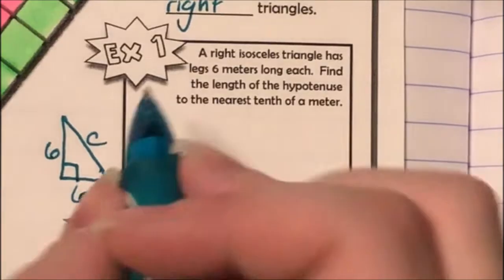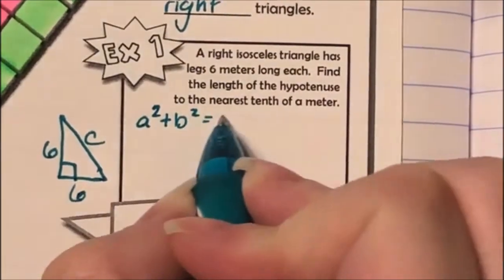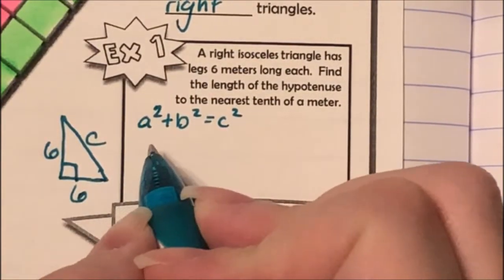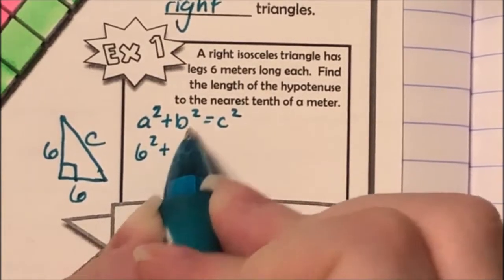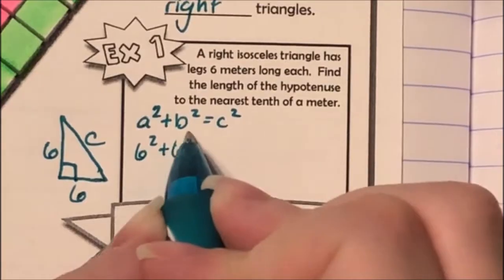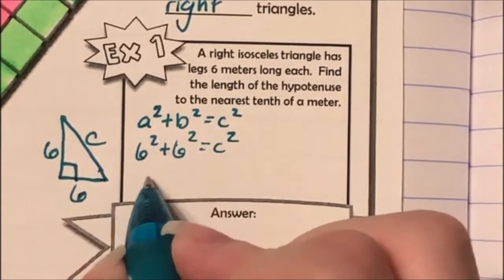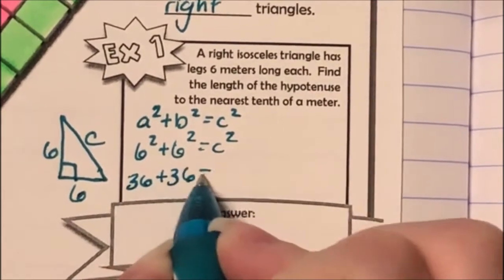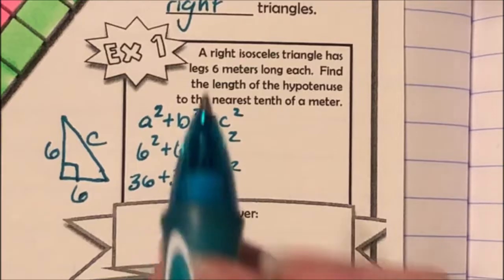Okay, I want to find the length of my hypotenuse. So my formula, a squared plus b squared equals c squared. So I'm going to take a is 6, so 6 squared plus what my b is, 6 squared equals c squared. 6 squared equals 36. 36 plus 36 equals 72.